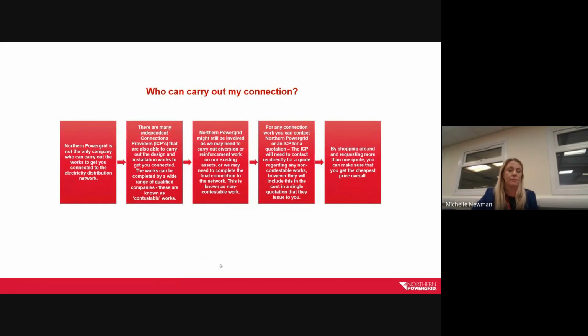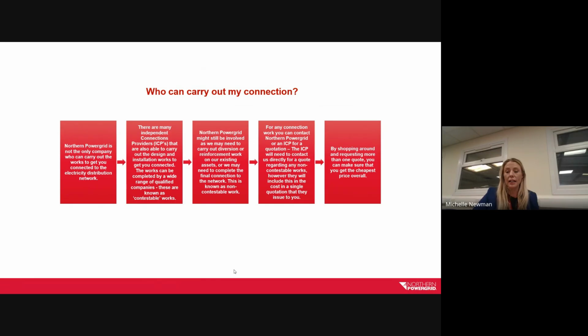Next slide, please. Now, it's not always known that Northern Powergrid don't have to carry out the entire connections process. We can do, and obviously we do the majority of them, but there are many independent connections providers known as ICPs, which can carry out the work on your behalf. Any works that an ICP can carry out are known as contestable works, and Northern Powergrid may have to step in if there is reinforcement work required on the network to allow the connection to take place, or may have to step in for the final connections piece.